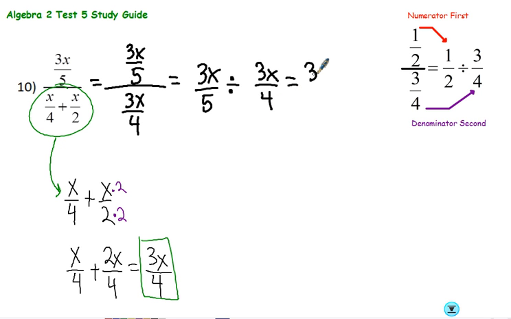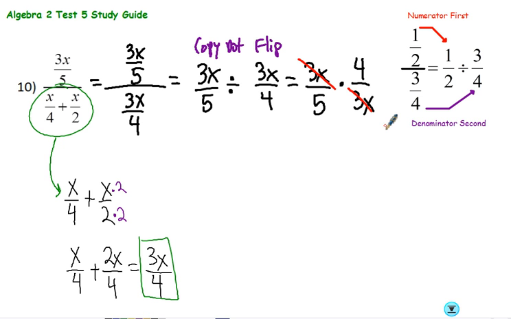Once you get it as a division problem, you can rewrite it and do your copy dot flip. I don't think we wrote that on the last one. Copy dot flip. So 3x over 5 times 4 over 3x. And then you see that the 3x's cancel each other out, and what you're left with is just 4 over 5. So that's how we came up with an answer of 4 over 5.